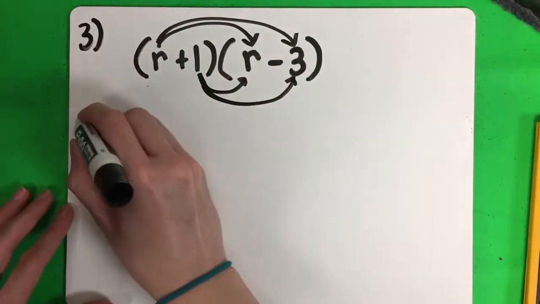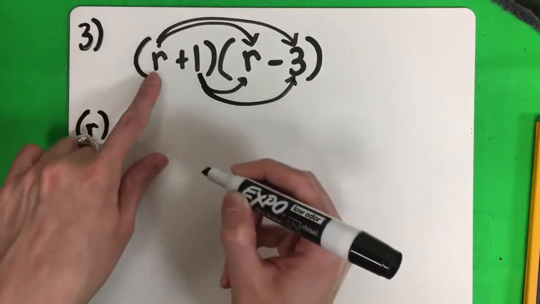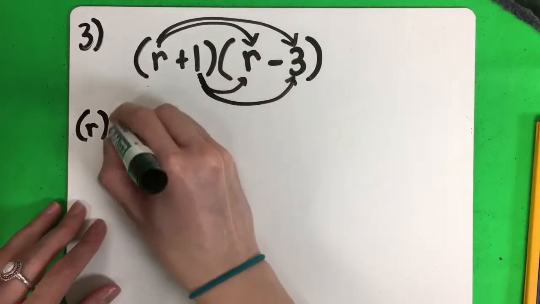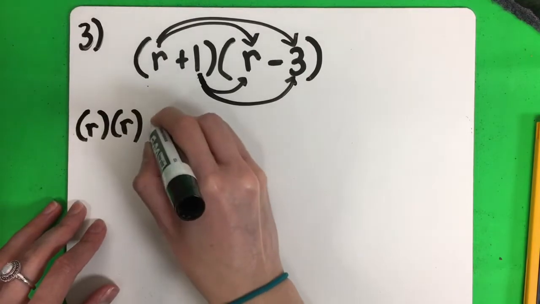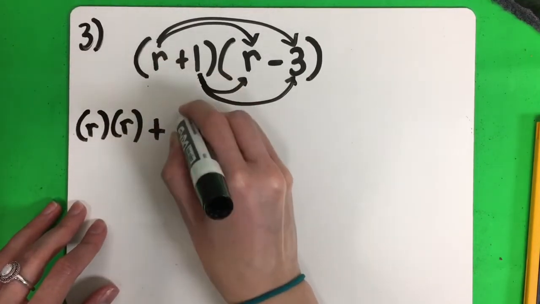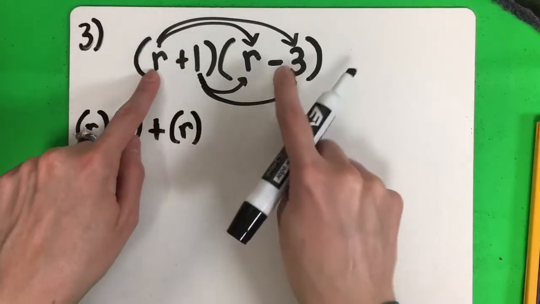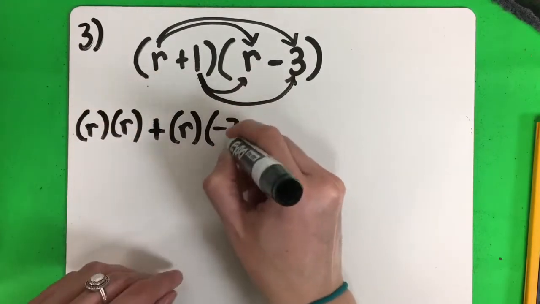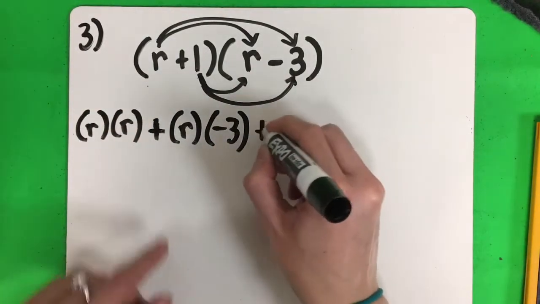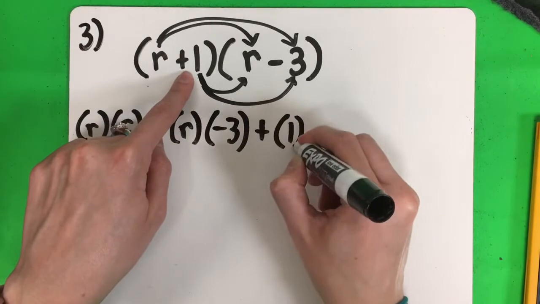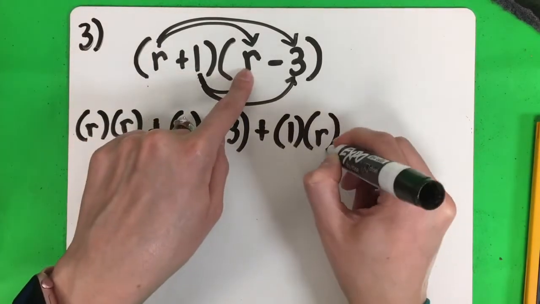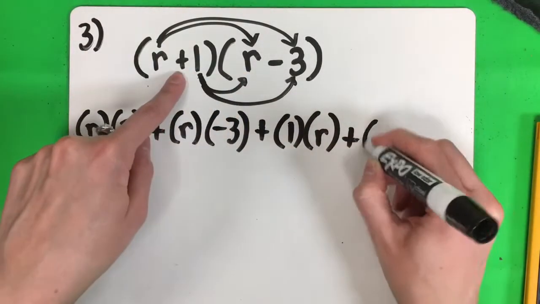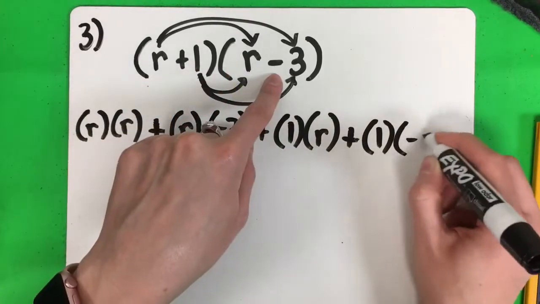Let's go ahead and do it. Parenthesis r, and then again parenthesis r. Always plus, again r, and then negative 3. Plus, now 1 times r, plus again 1 times negative 3.